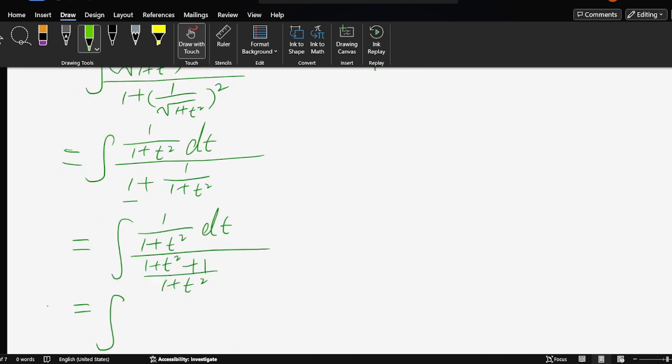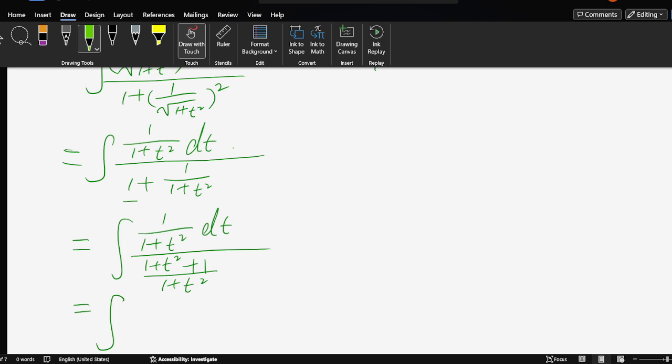Next step: we want to make a common denominator in order to calculate. So 1 over 1 plus t squared, over 1 plus t squared plus 1 over 1 plus t squared. Okay, just now I guessed maybe I made some mistake, so I checked that.